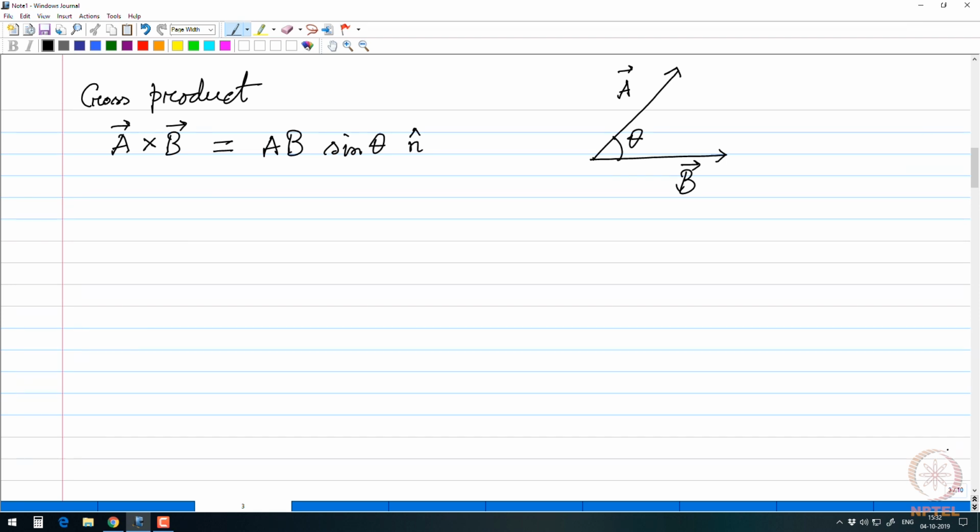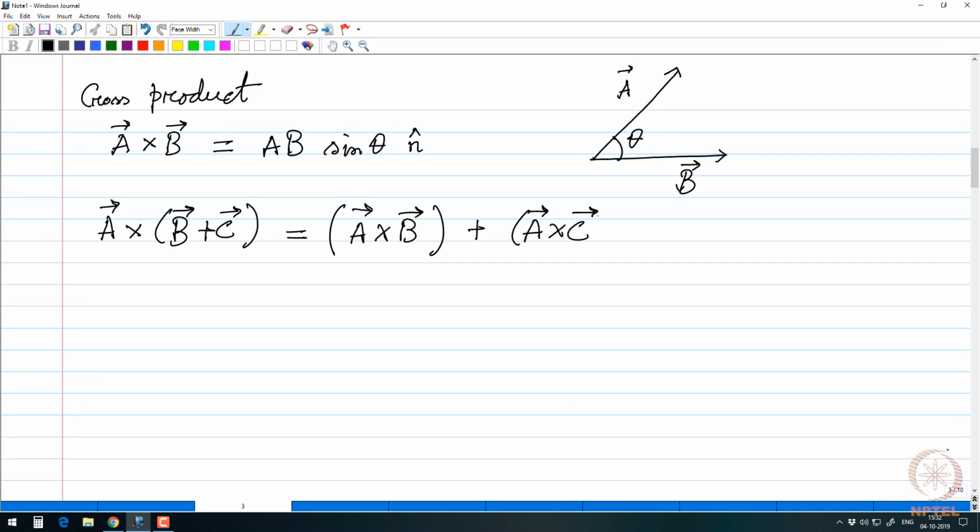Let us see what other rules are obeyed by the cross product. I am writing A cross (B plus C). It can be given as A cross B plus A cross C. That means the distributive property is obeyed here.